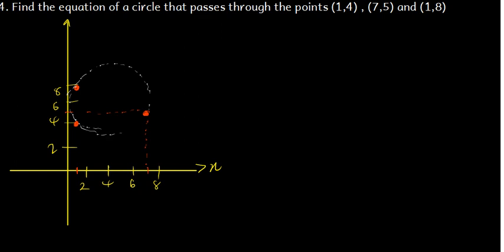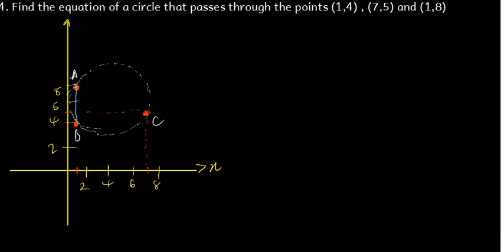Now we need to get some 2 points, find their perpendicular bisector, and then some other 2 points, their perpendicular bisector, and then solve those 2 perpendicular bisectors simultaneously. So if we get these points, let's say this is point A, this is point B, this is point C, we need to join these like that to find the perpendicular bisector.